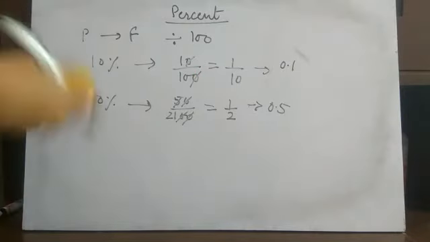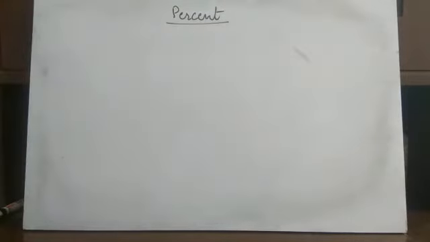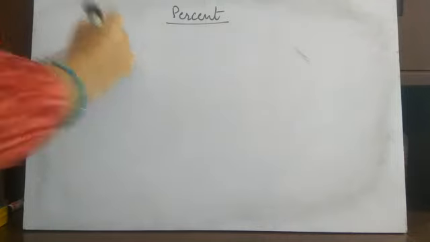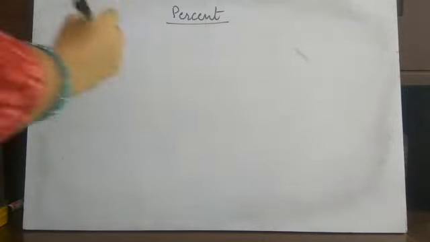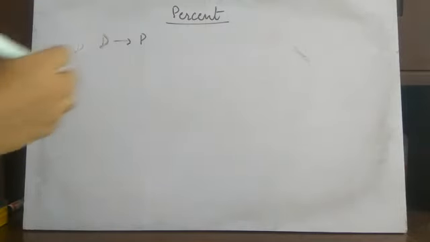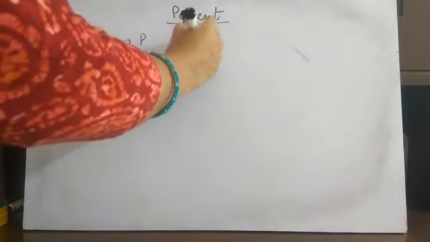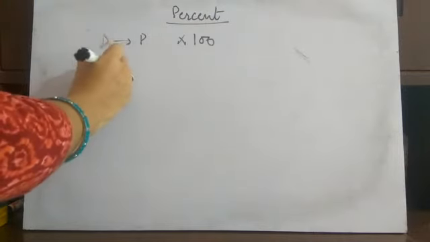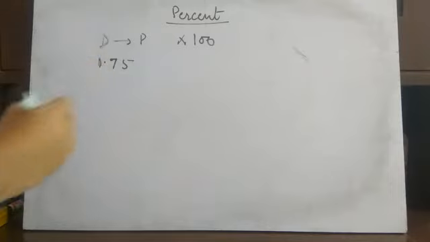Another is converting decimal into percentage. So what do we do? We multiply by 100. Let us take the example 0.75.